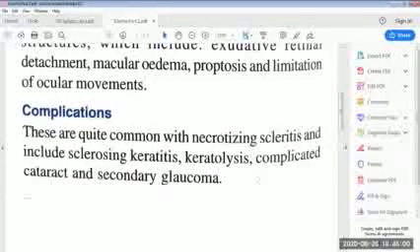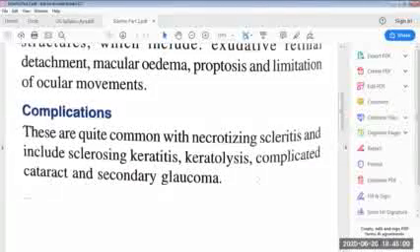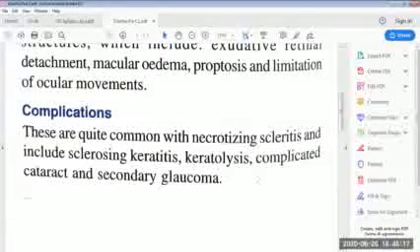There can be complicated cataract. Cataract is the disease of lens, whereas the lens becomes opaque. And in case of complicated cataract, it is caused by the secondary cataract. Cataract caused by any other disease is called the complicated cataract.